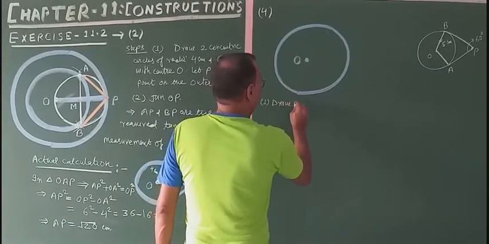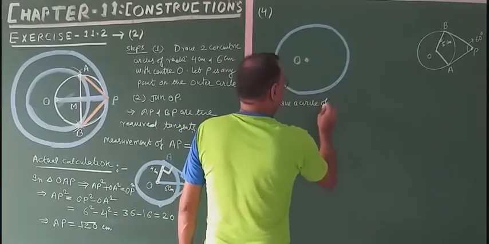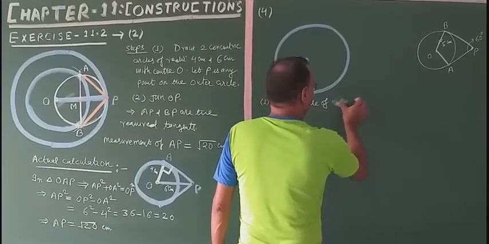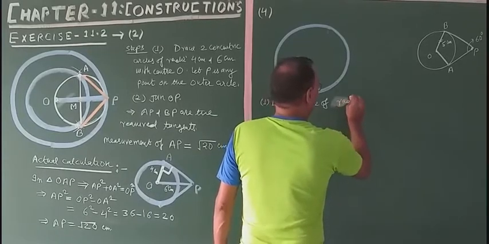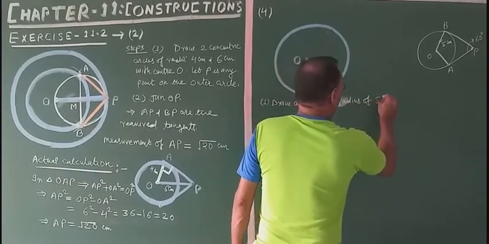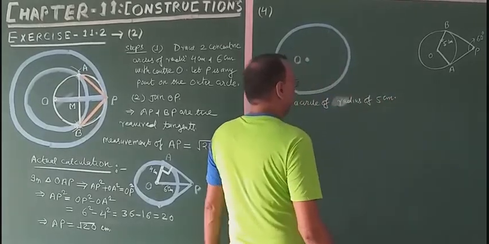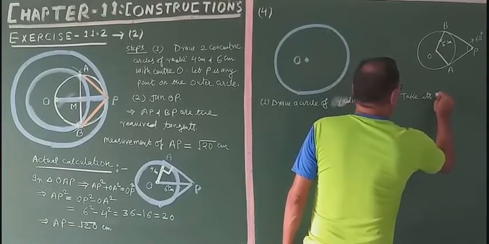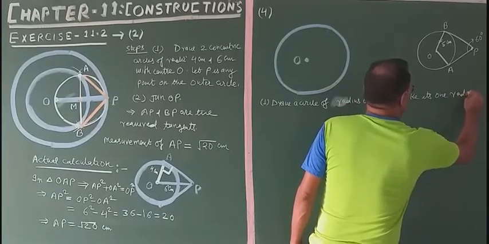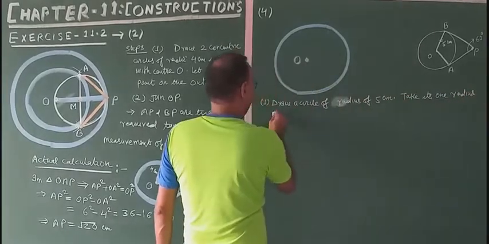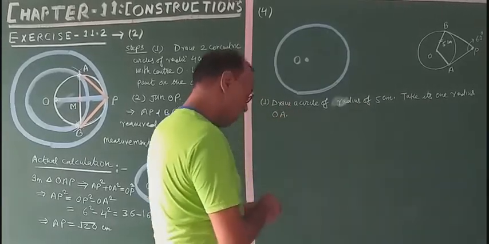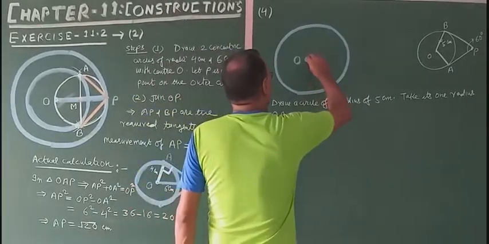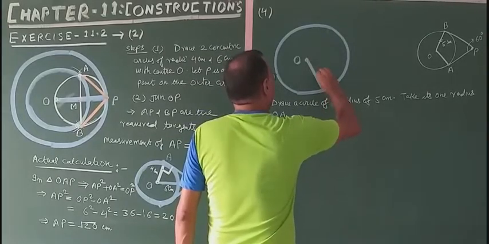Draw a circle of 5 centimeter. Take one of its radius, that is OA.